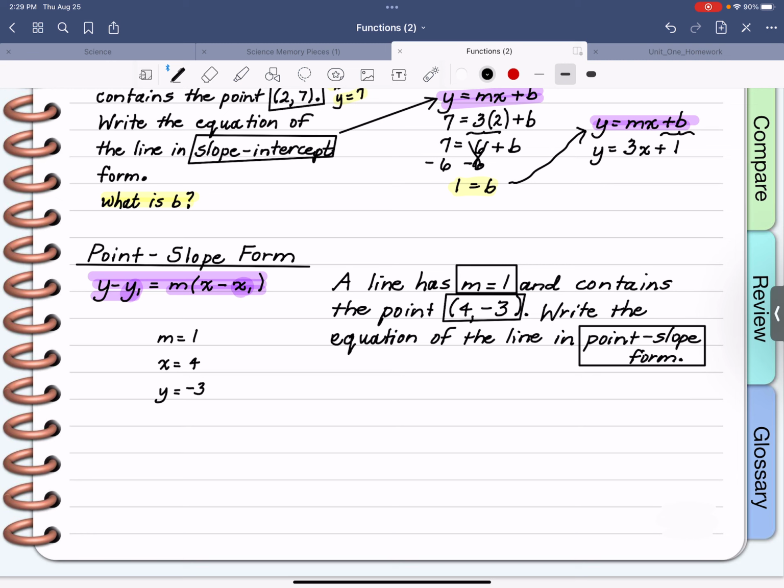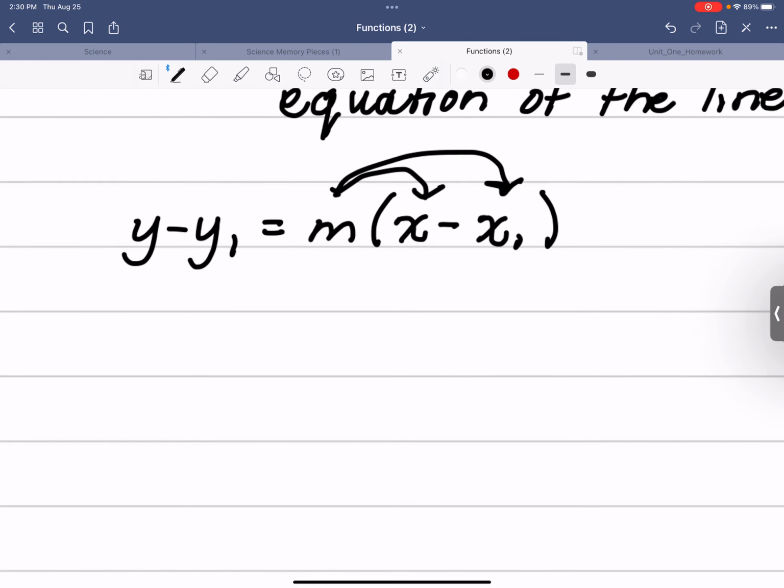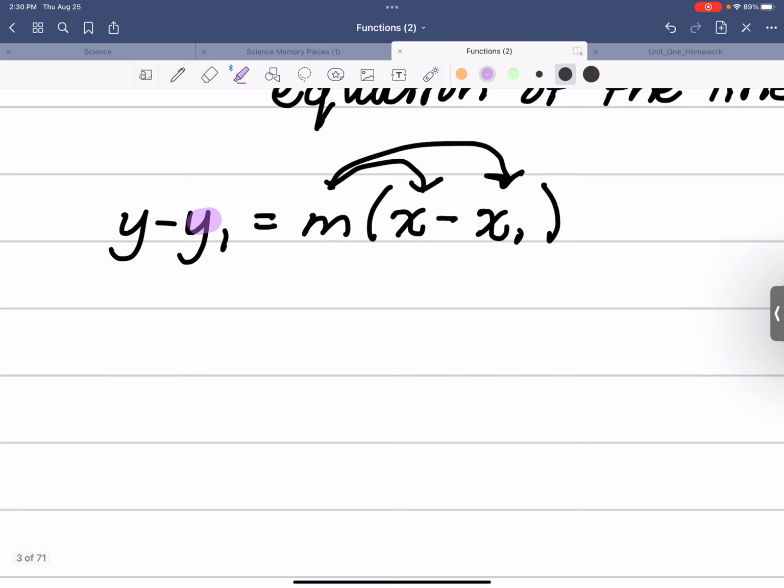So let me write it again. We have Y minus Y1 equals M times X minus X1. Those parentheses are telling me that I will have to multiply. Now remember what I told you just a minute ago about this term and this term. Those will be replaced by numbers.